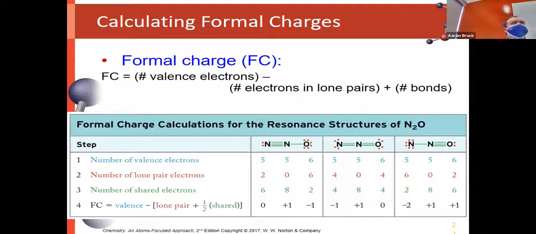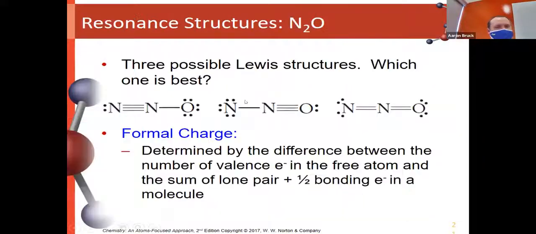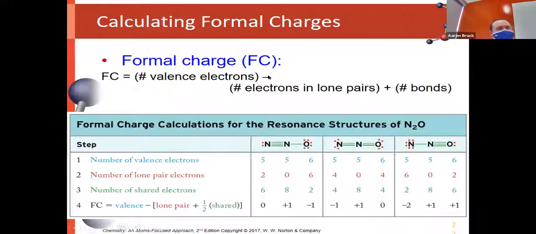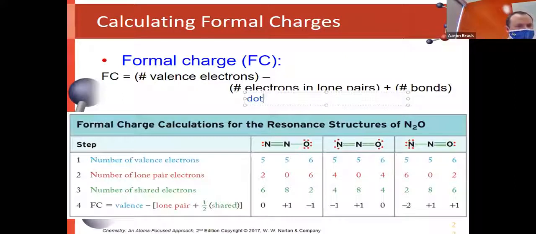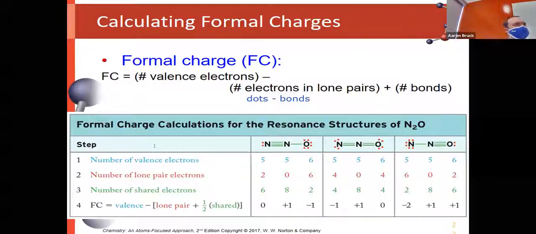And it's the number of valence electrons that it should have, minus the number of electrons in lone pairs, which for purposes of clarity and easiness, we're just going to call those dots, and the number of bonds. So valence electrons minus dots minus bonds gives you the formal charge for a given atom.